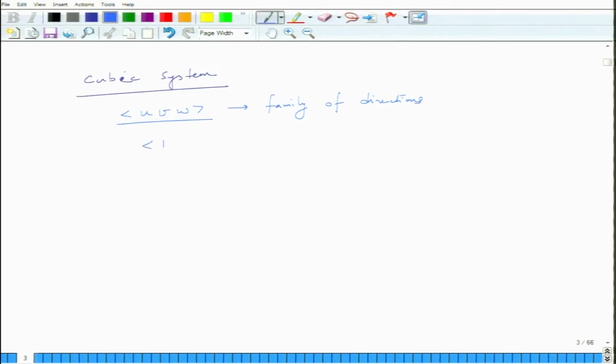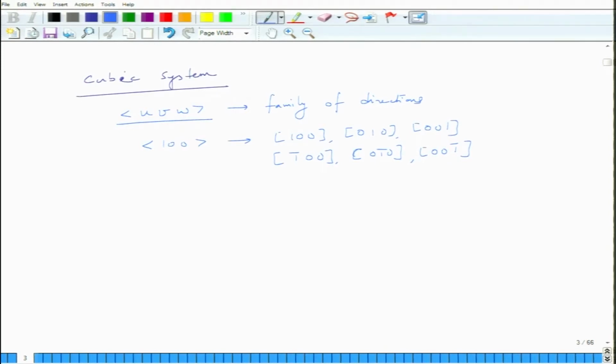So 1 0 0 would mean 1 0 0, 0 1 0, 0 0 1 and bar 1 0 0, 0 bar 1 0 and so on, taking the negatives into account.